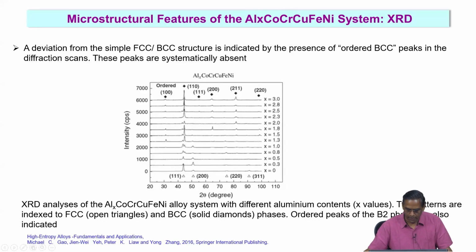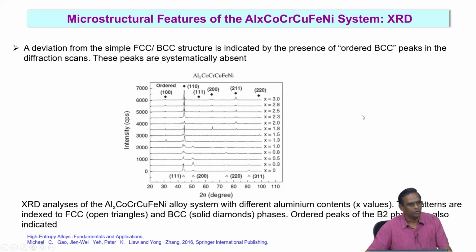These patterns are indexed to FCC, open triangles, and BCC, solid diamonds, and then ordered peaks of the B2 phase. So where is the ordered phase? This is the 1, 0, 0 ordered phase, right? That is a B2 phase, which is a part of this microstructure, right?